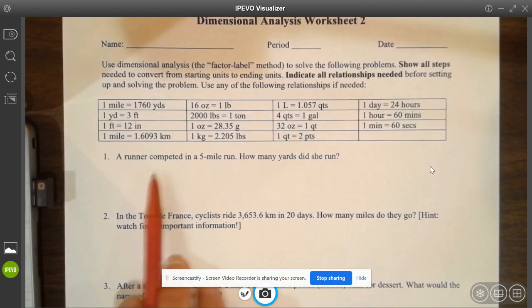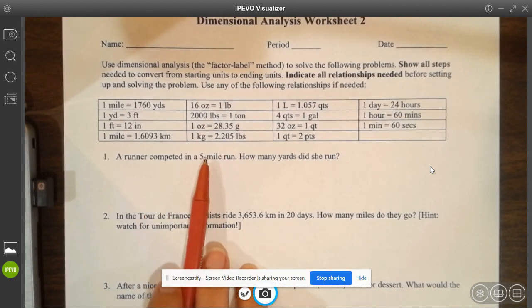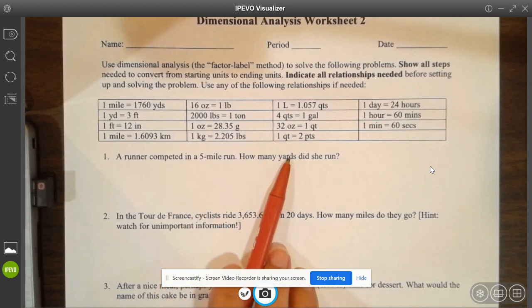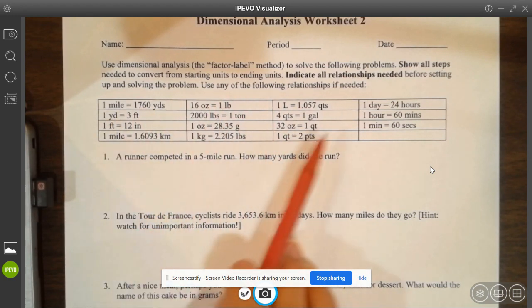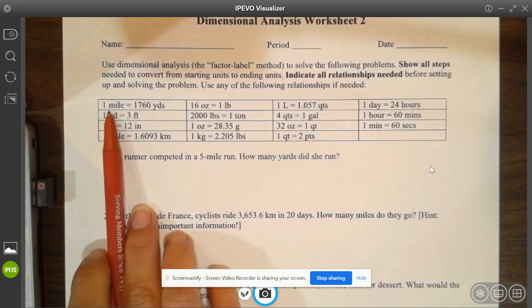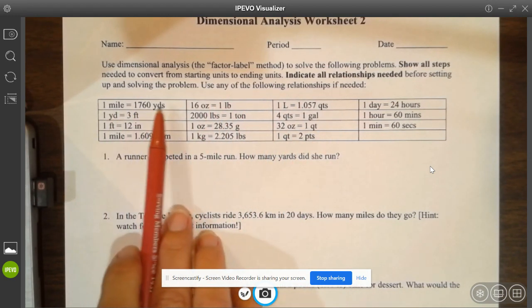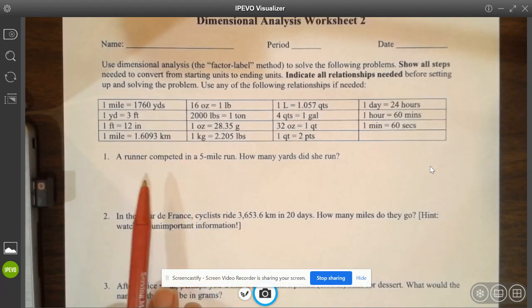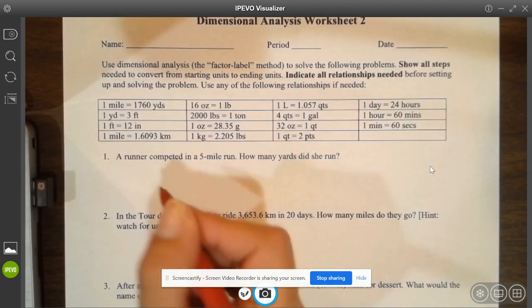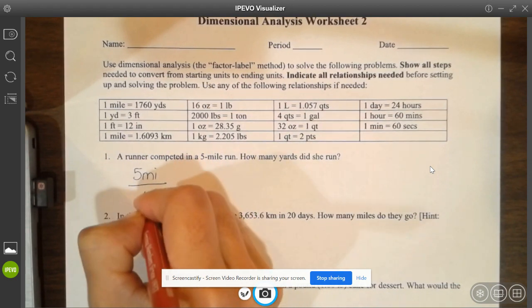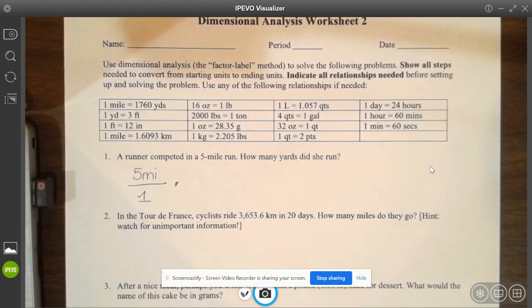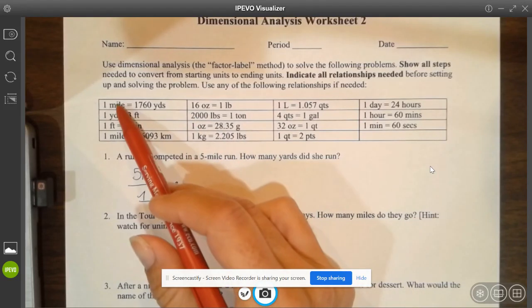So we're gonna set it up. We're using miles, but we're changing it to yards. So we look for yards and miles in distance. 1 mile equals 1,760 yards, so we're gonna use that one. We go 5 miles over 1 times 1,760 yards over 1 mile.